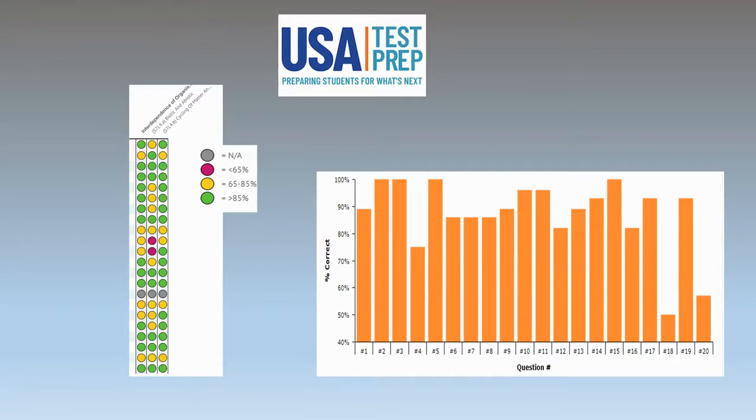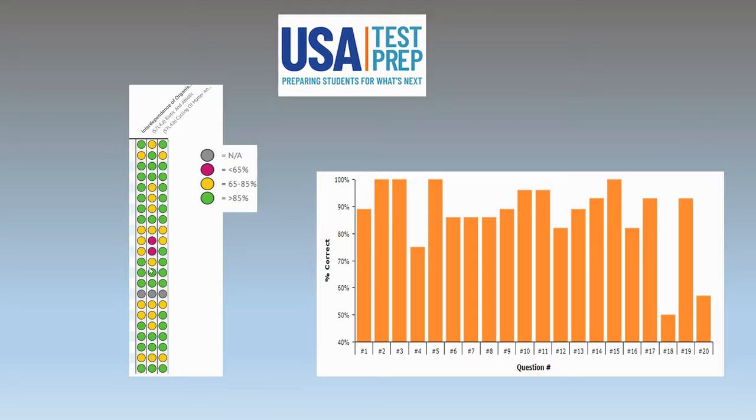Our county also provides us with a subscription to USA Test Prep. This is a great resource that teachers can use to assess if students are comprehending and mastering the material. This is something I might use more as a summative assessment, and I've taken off the student names, but you can see over here with the circles, the green, yellow, and pink circles, it lets me know if they're mastering the material.